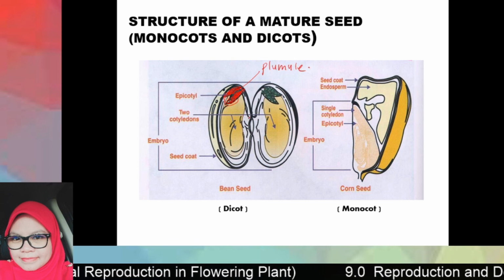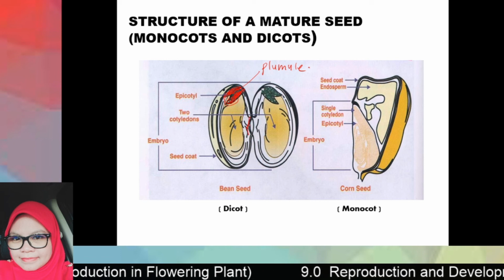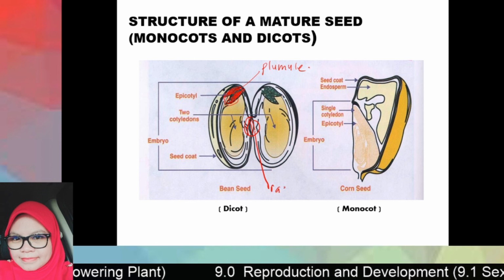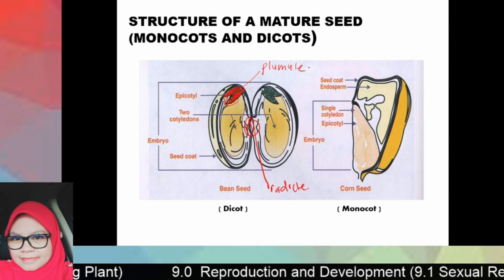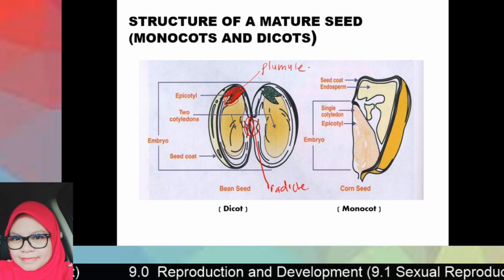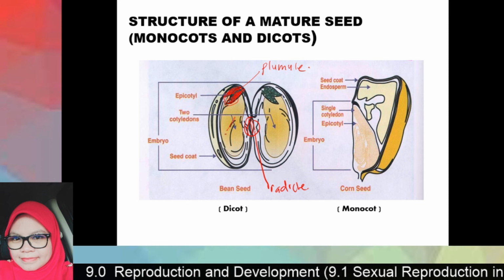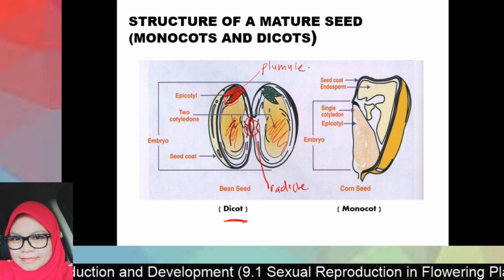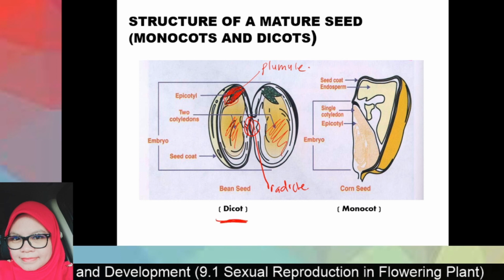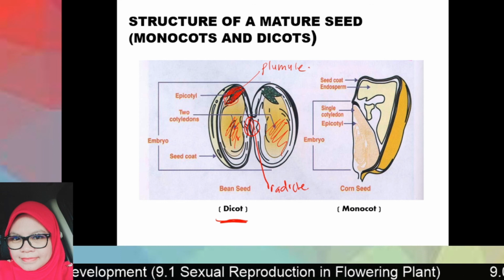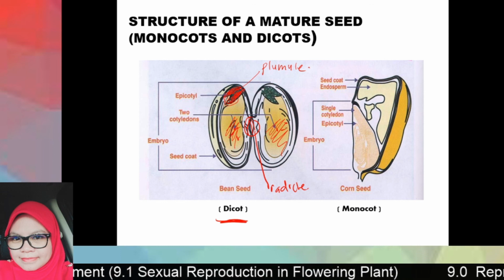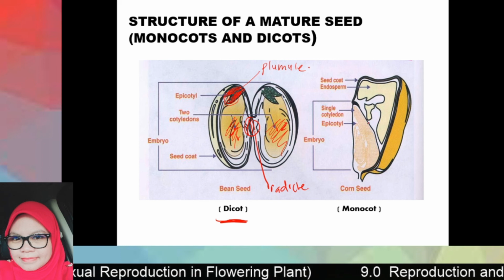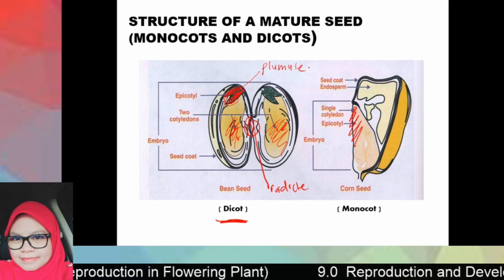And then the radicle. Radicle here. This is the radicle. The structure will develop into the first root. And then the embryo must have the cotyledon. Since this is a dicot, this plant has two cotyledons. First, second. Whereas for a monocot plant, there's only one cotyledon.